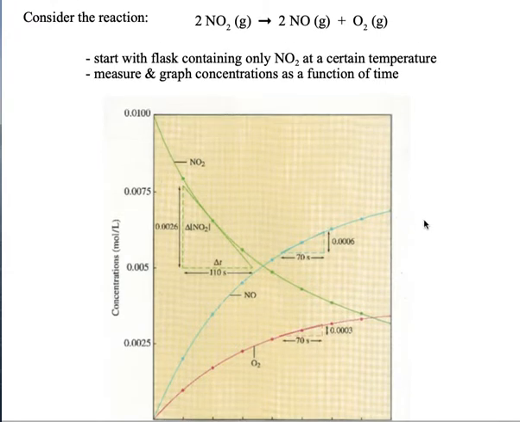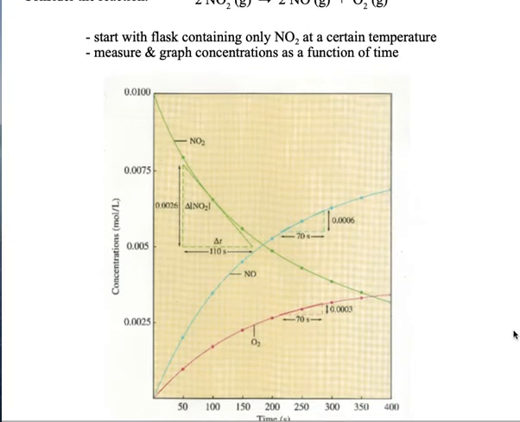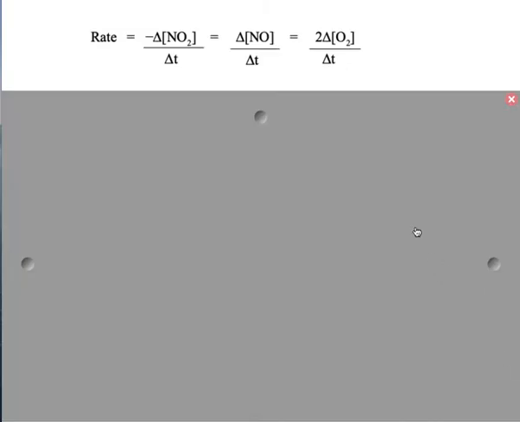I only have 1 mole of O2 being formed for every 2 moles of NO being formed. Okay? Now, let's talk about the rate of reaction. We'll define the rate of reaction as the decrease in concentration of NO2 with respect to time, which is equal to the increase in concentration of NO with respect to time, which is equal to twice the increase in concentration of O2 with respect to time, again from the stoichiometric coefficient.